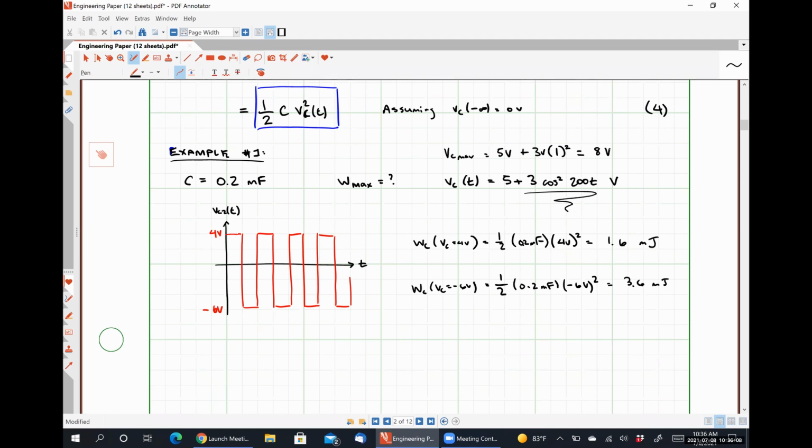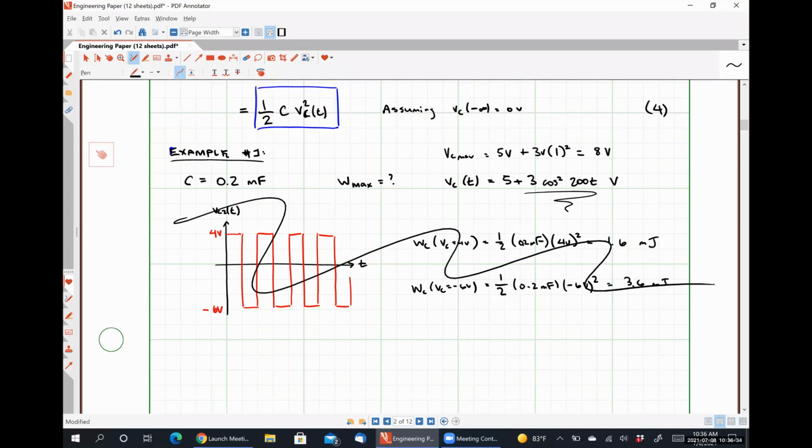Right. So every time this guy hits its positive peak, we're going to have the maximum amount of voltage applied across the capacitor's plates, and therefore the maximum amount of energy will be stored by the capacitor.